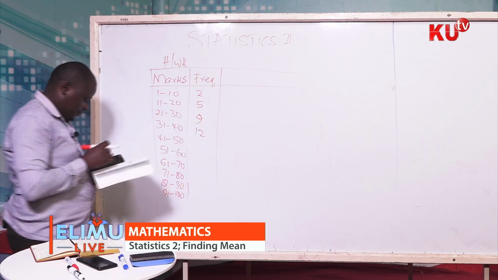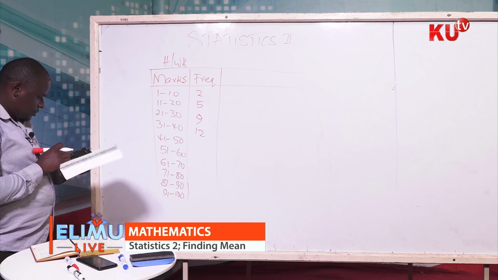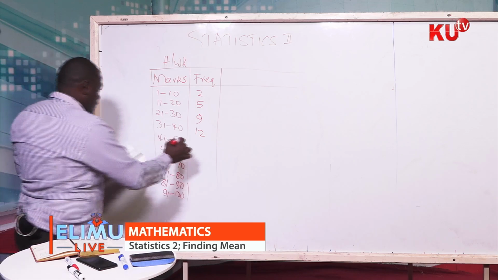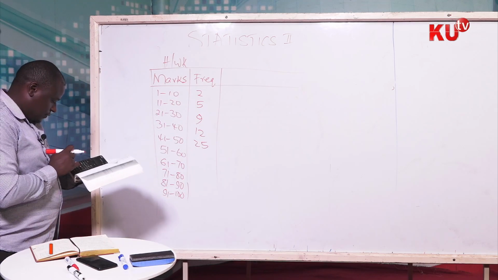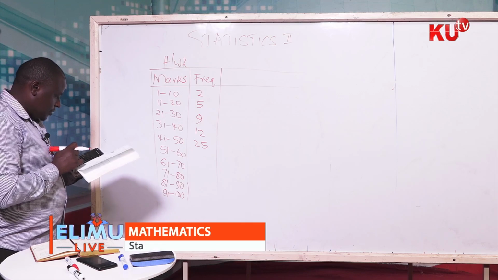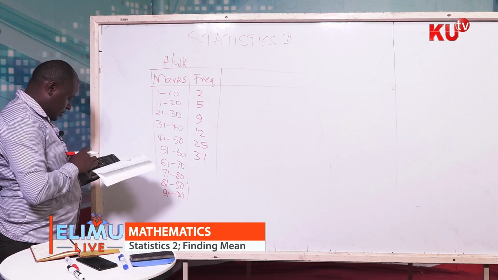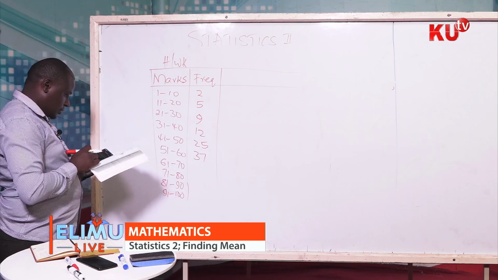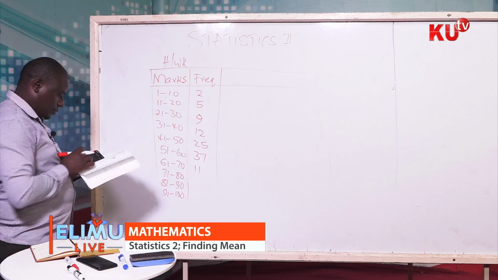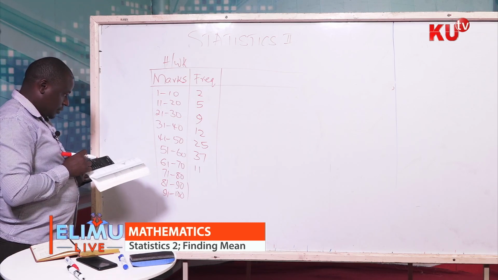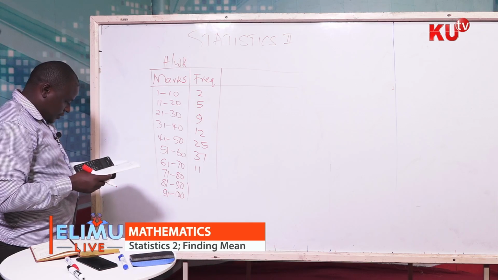It looks like a G. Then 53 minus 28 is 25. 90 minus 53, 37. 101 minus 90 is 11. Then all right, well noted.